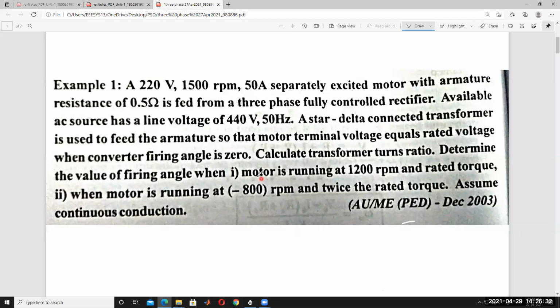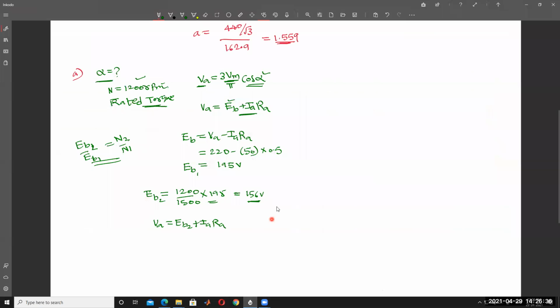So VA is equal to EB2, 156, plus IA 50 times RA 0.5, which is equal to 181 volts.